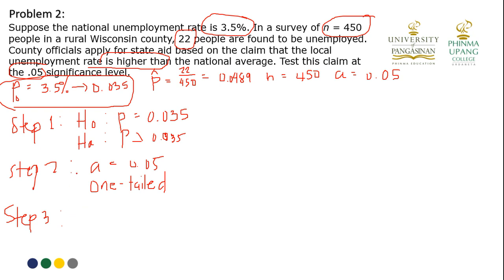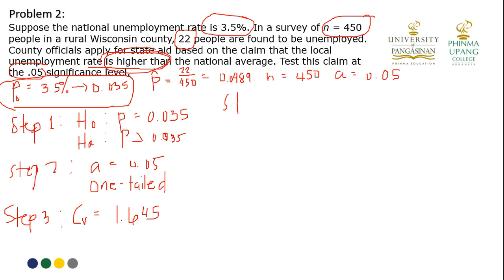Sir, paano ko po malalaman kung 1-tailed? May direction po, higher. Pag wala kayo nabasa na mga ganyan, 2-tailed na siya. Walang direction, 2-tailed. Non-directional. This is 1-tailed, ibig sabihin directional. So, what is the critical value of 1-tailed of 0.05? Sinabi na natin yan kanina na 1.645.